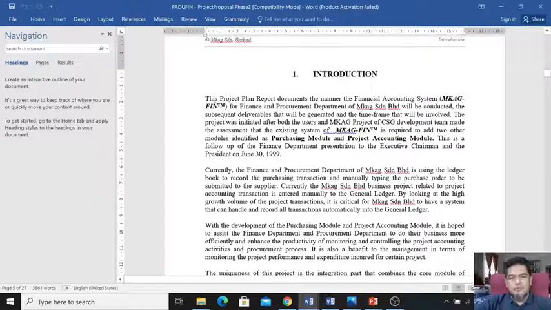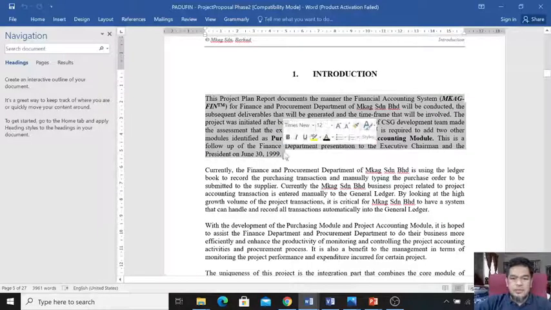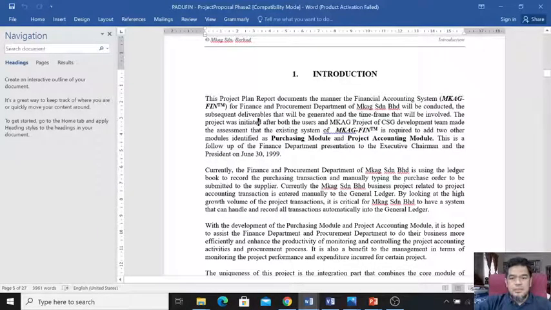So avoid using bullets, but explain from the beginning. For example, in this introduction, they start with the benefit of the computerization of the system.